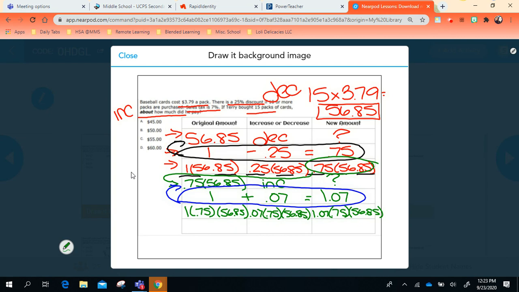Your answer might also be B, all these numbers in that multiplication. Or a third way the answer might be written is where they take these two decimals, multiply them together, and then times 56.85.